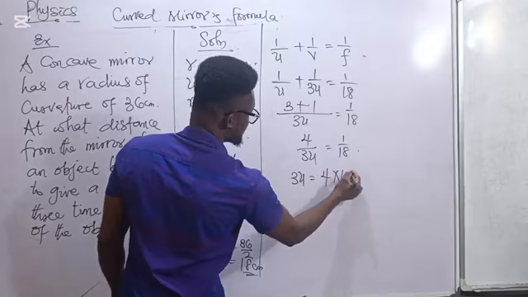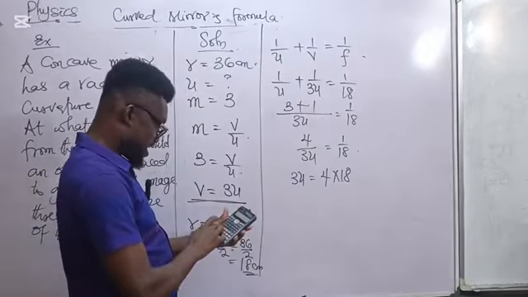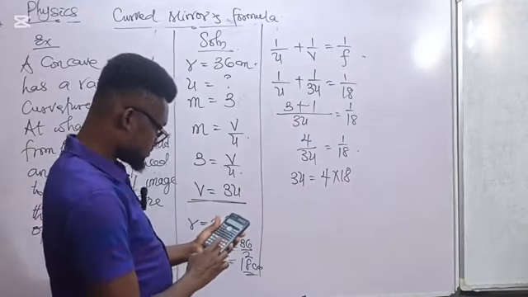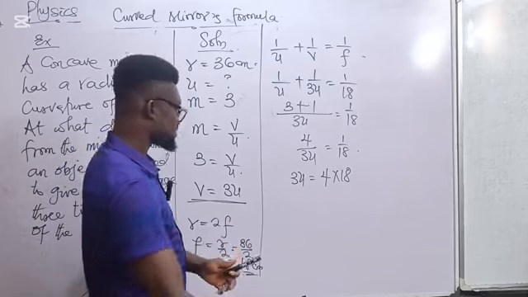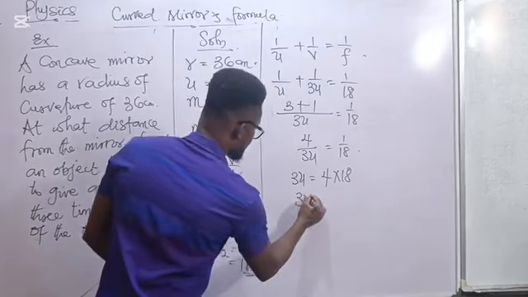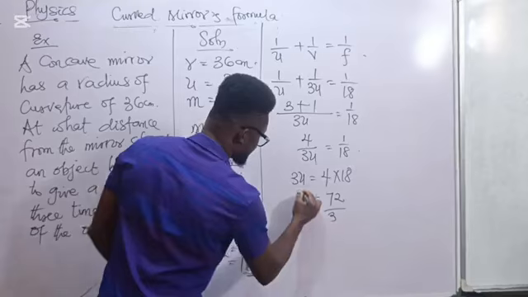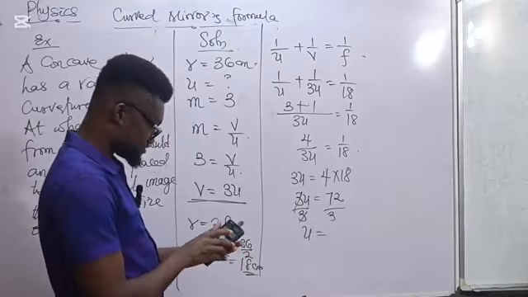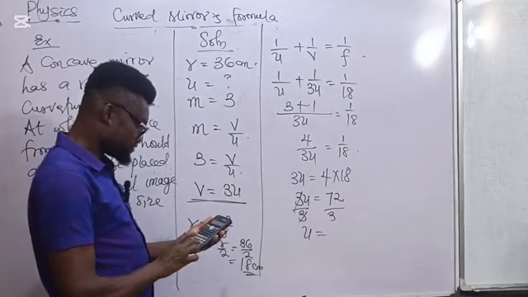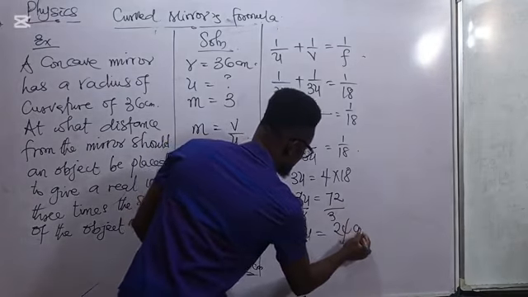Then 4 times 18, which gives 72, right? So we have 3U equals 72. Divide both sides by 3. Then if you divide 72 by 3, you are getting 24. Now this 24 gives what? The object distance.